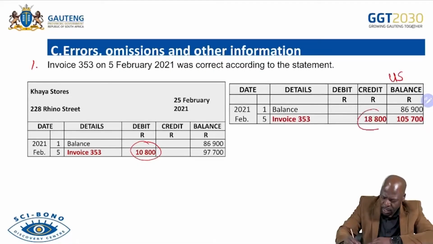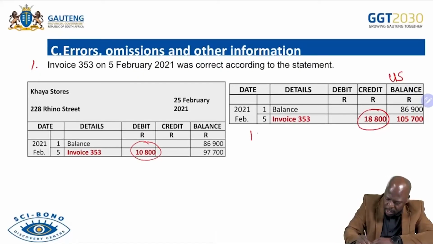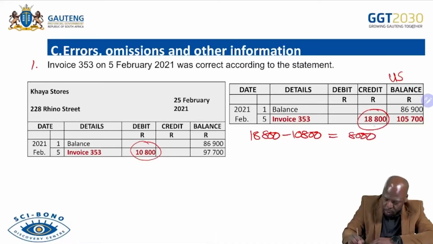How much did we record? 18,800. Okay, so if we recorded 18,800 when we were supposed to record 10,800, that means this was overstated by 8,000. It was overstated by 8,000. Who overstated? Us. What is the source document? An invoice. What is the sign for an invoice?